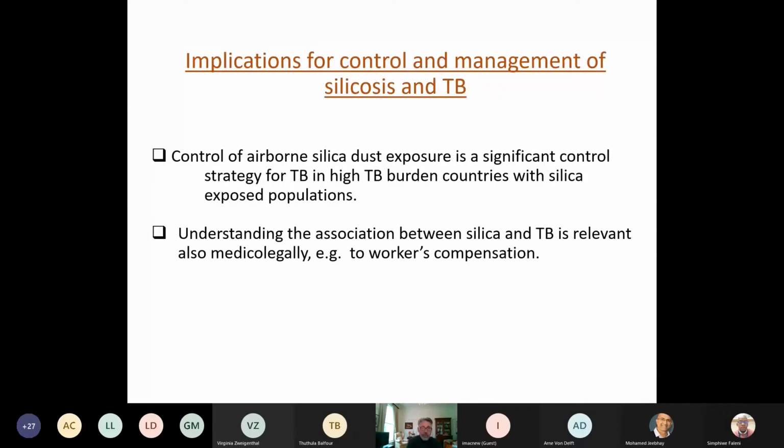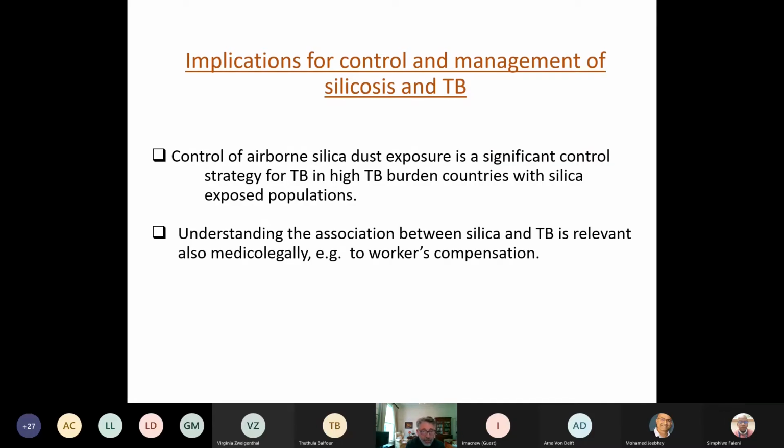What are the implications, to end off? With the recent political interest, should I say, with the World Health Assembly on tuberculosis and the SADC declaration, this is a timely opportunity to put mining and silica dust exposure on the agenda as significant, not the major contributor at the population level, but in certain regions and sectors a significant contribution to tuberculosis risk and transmission.